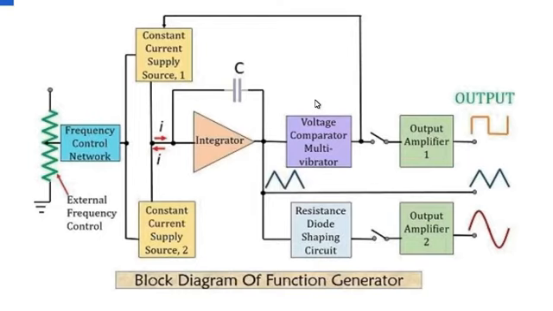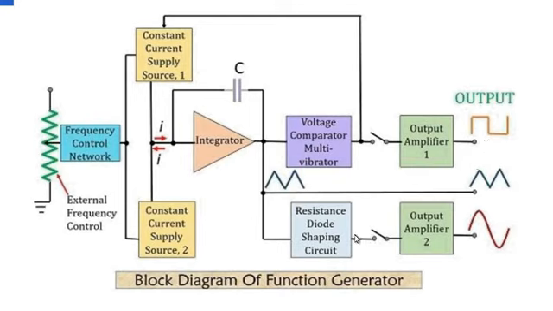Next, this triangular waveform is converted into square and sine waveforms. A square waveform is obtained at the output of this voltage comparator multivibrator, and its output is given to output amplifier 1. So we get the final square output at the output of amplifier 1.